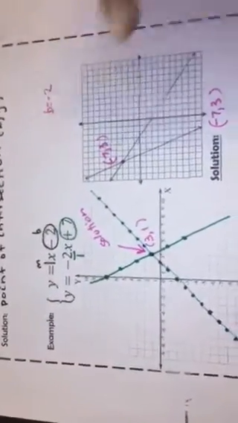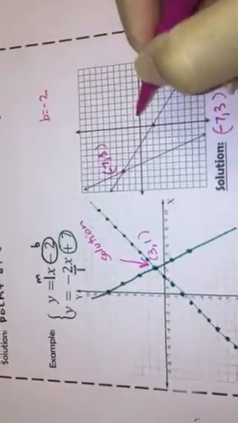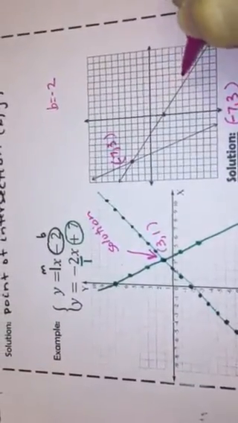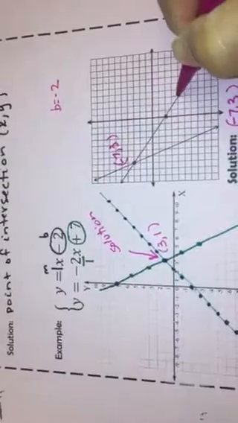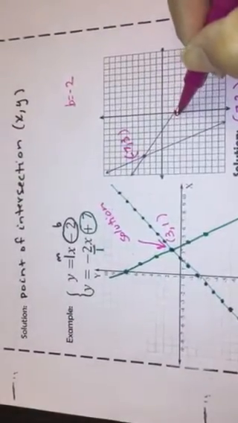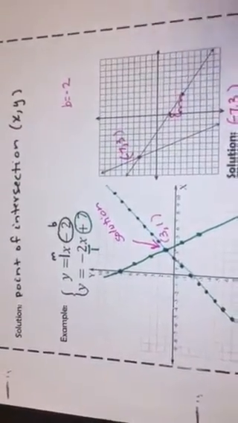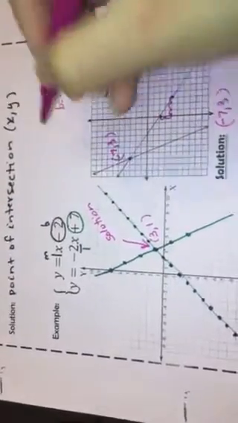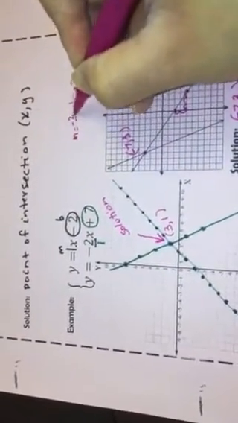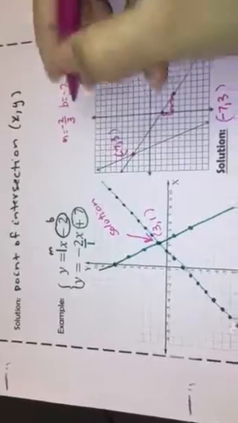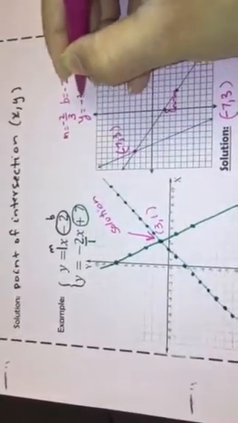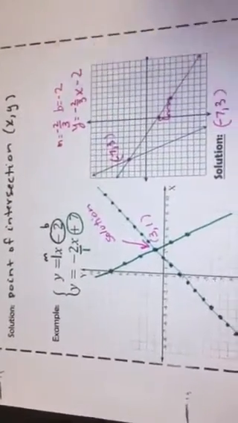So that is my B, -2. And then I just pick another perfect little point. I am going to pick this one right here. And I'm going to go 2 down, 3 to the right. So the slope, notice this line is negative. So my slope is -2/3. So that first equation is going to be y equals -2/3 x minus 2.